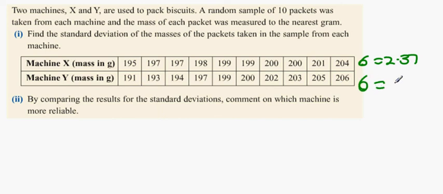So this is an example of the average of both of them being 199. But this one has a larger standard deviation, so machine Y isn't as consistent as machine X. Machine X is much more likely to produce the mass of 199 grams than machine Y.